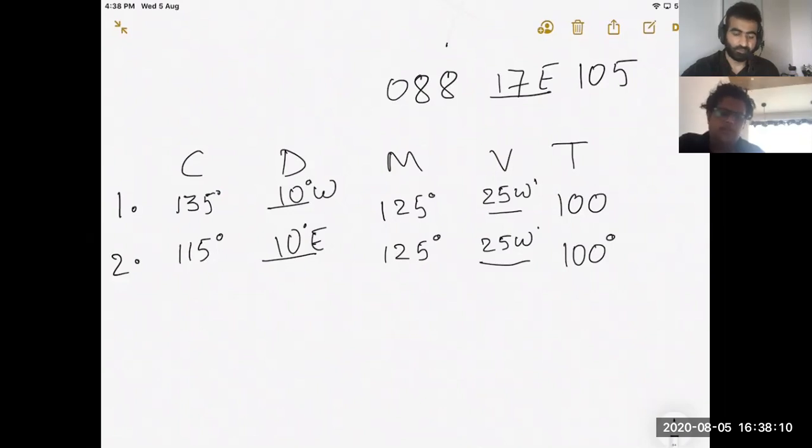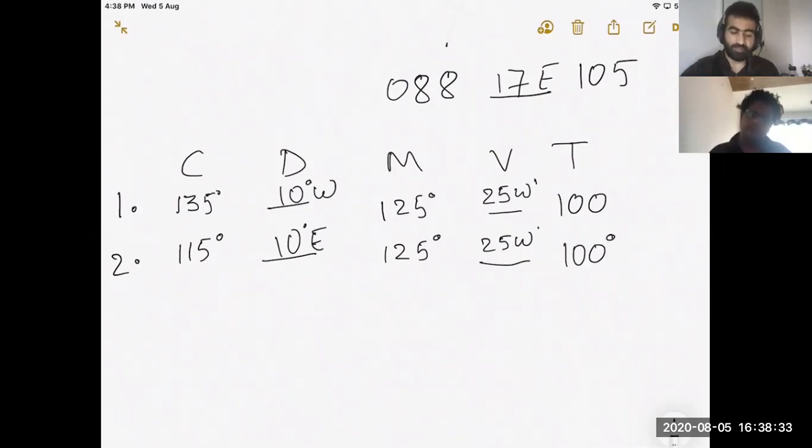The deviation will be 10 degrees west. The variation will be 25 degrees west, and the true heading will be 100 degrees. So compass heading will be 135. You have calculators to give you these values, but I want you to do it without the calculator also. Yes, sir.